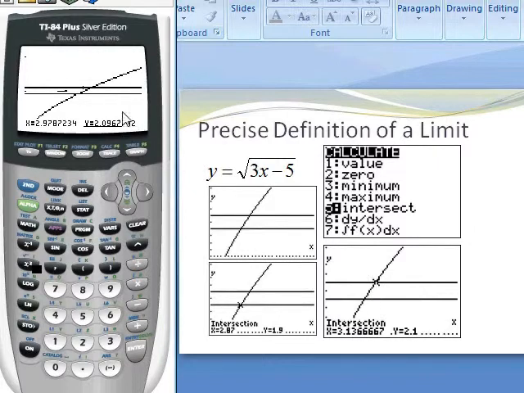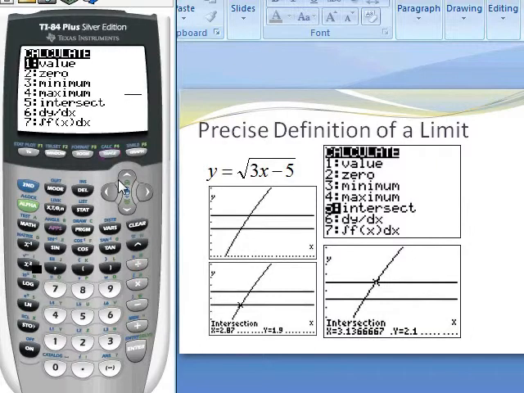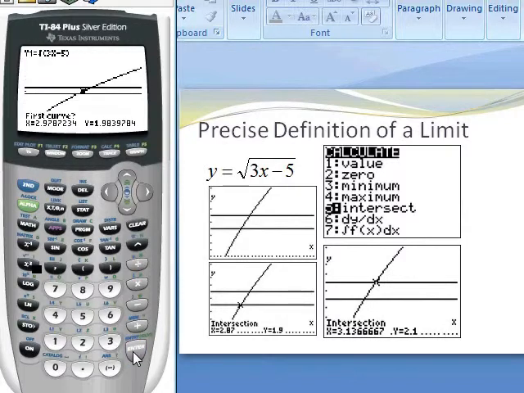So I'm going to go to the calculate feature, and it is right here, second calculate. And there is this very good feature, intersection. Push enter. Now it will say first curve, which one do you want? The curvy one, I'm going to pick that one as my first one. Push enter, and it's going to ask which one do you want as the second one?